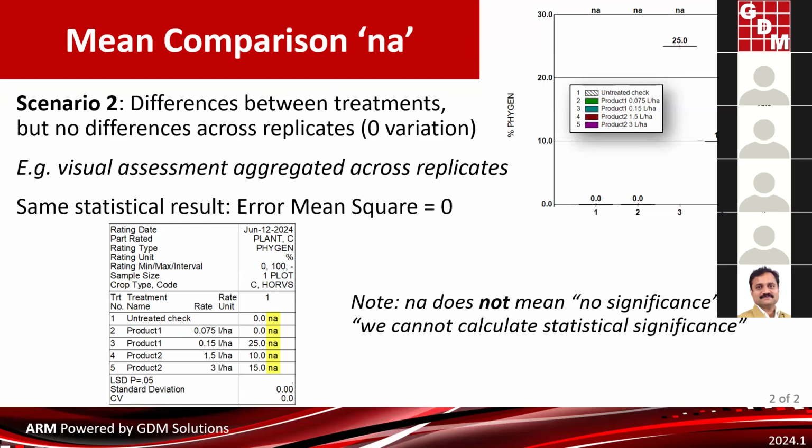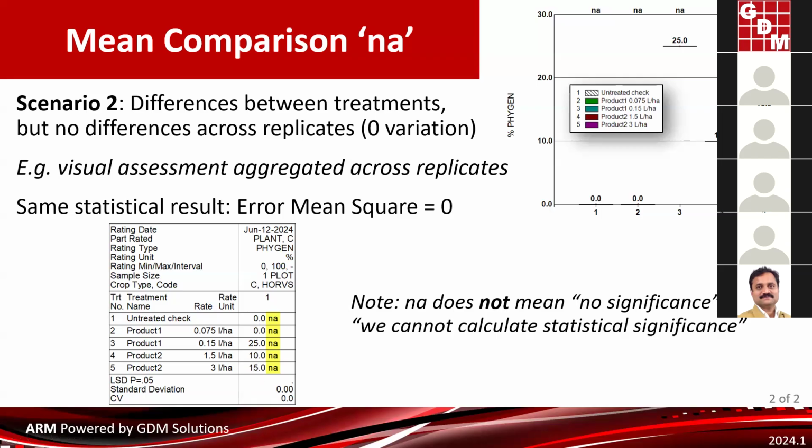Well, I'm aggregating that across replicates, so I have only one value. Or maybe I put in 10 in each replicate, but it's the same value. Well, the result statistically is the same. The error mean square is 0. There's no variation in those replicates, so there's no variation to analyze, so we can't do anything in the ANOVA. So it's the same situation, even though it can be a little more alarming at first glance.